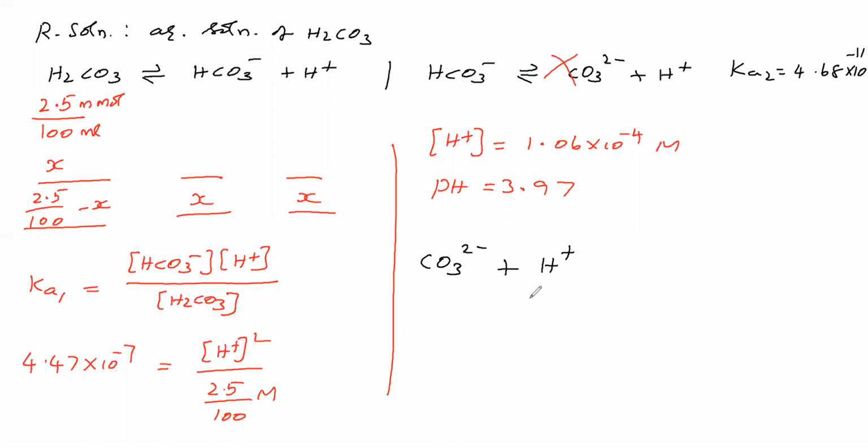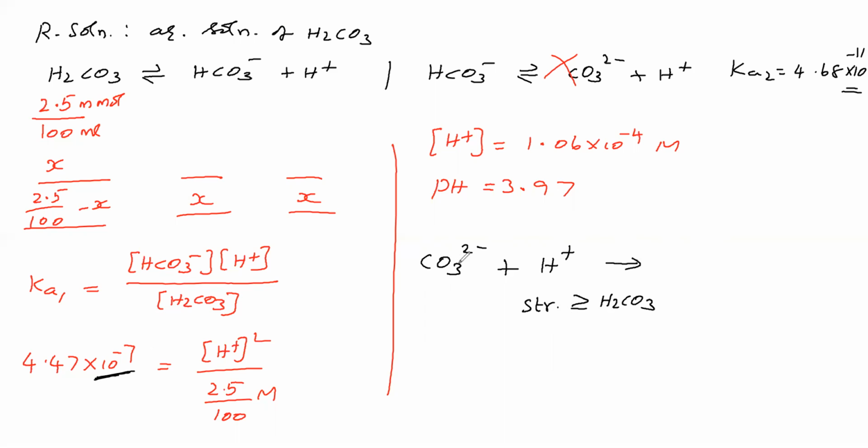This acid strength should be greater than or equal to carbonic acid. Carbonic acid is a weak acid. Its equilibrium constant, how much did we say? 10 to the power of minus 7, Ka1. Ka2 is 10 power minus 11. So you are adding an acid into the carbonate which has strength greater than or equal to carbonic acid.